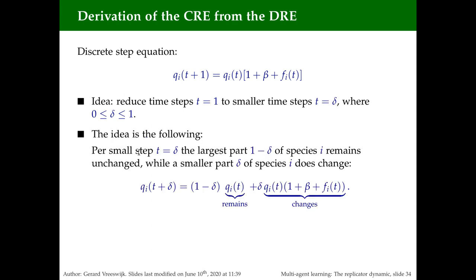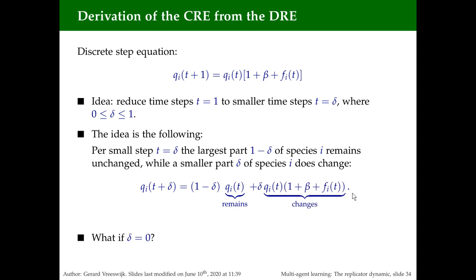And the idea is that per time step, the largest part, 1 minus delta, remains the same. So q_i(t plus delta) is 1 minus delta for the largest part, it remains the same. And for a small part, we apply the discrete replicator equation for very small delta. And we obtain the continuous replicator equation if we let delta go to 0.